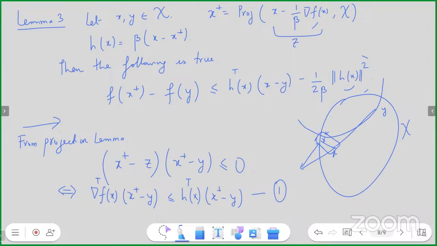If I plug in x plus as xs plus 1, it is nothing but exactly this. So what is happening in the algorithm? You're at xs. How do you go to xs plus 1? By essentially taking the projection of xs minus 1 by beta gradient of f of xs.